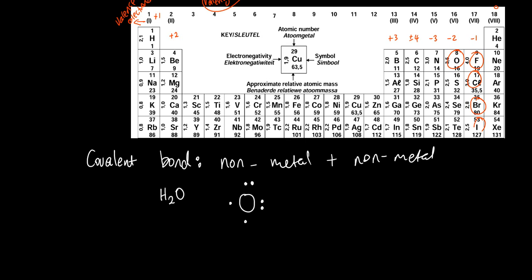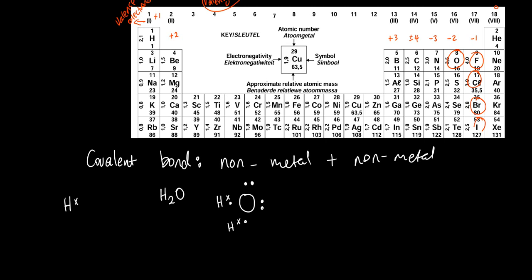Now it's bonded to 2 hydrogens, as you can see, H2 means it's bonded to 2 hydrogens. The first hydrogen comes here. Remember, a hydrogen has 1 valence electron, which can be shared with the oxygen to make a stable bond. The other hydrogen comes here and shares with the oxygen too.